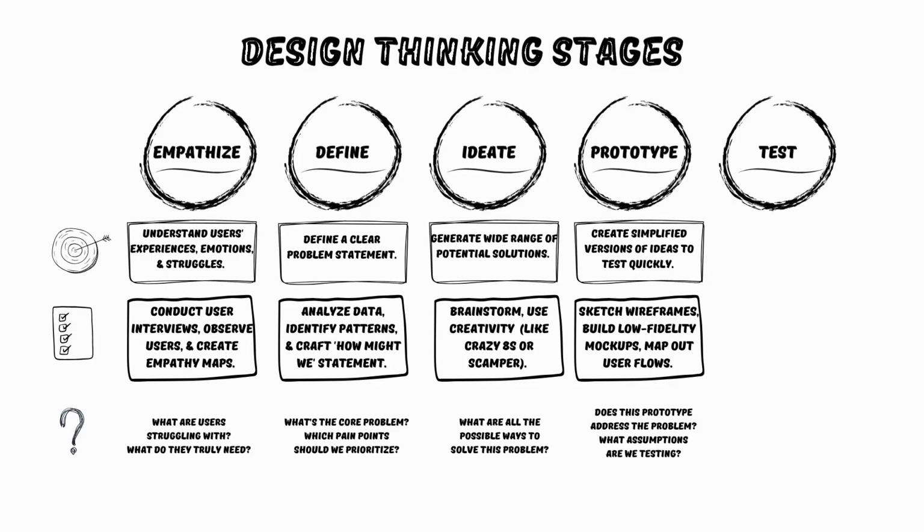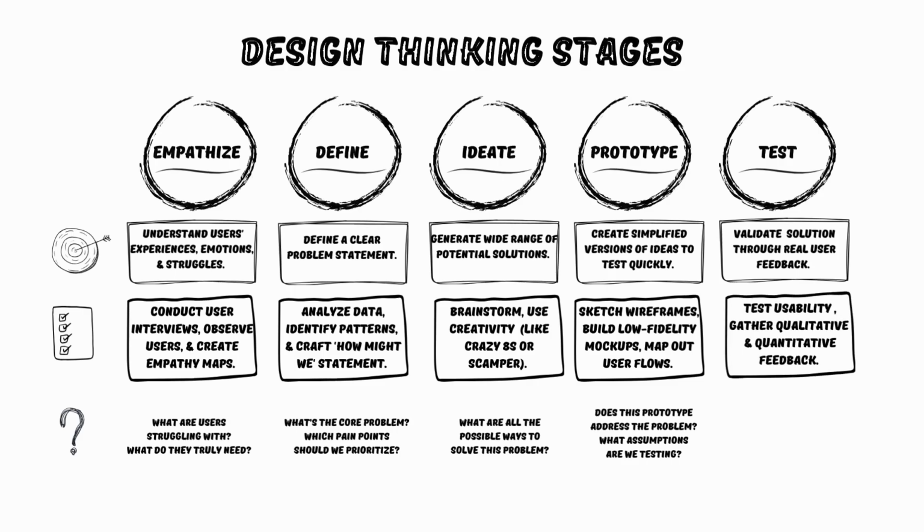Once you have something to test, it's time for the final stage of getting it in front of real users. You hand your prototype to users, watch them interact with it, and gather feedback to see whether your solution actually works. Maybe users struggle to find a key button, or maybe they love a feature you thought was minor. The goal is to collect both qualitative and quantitative feedback so you can refine your design.